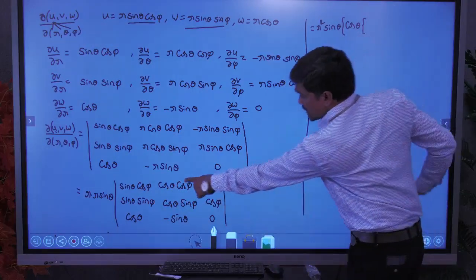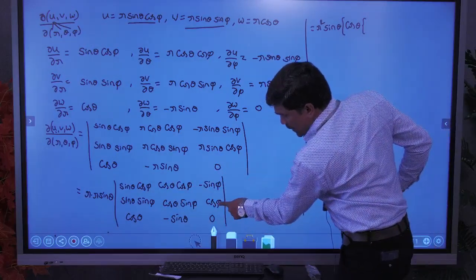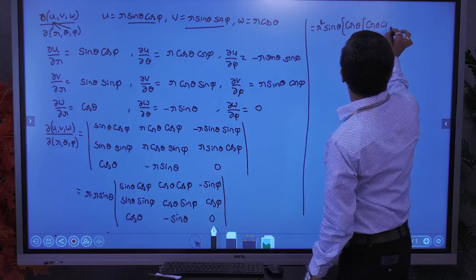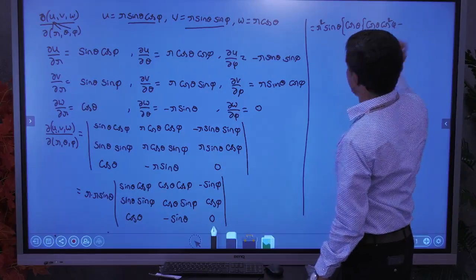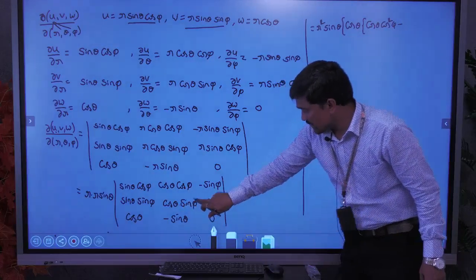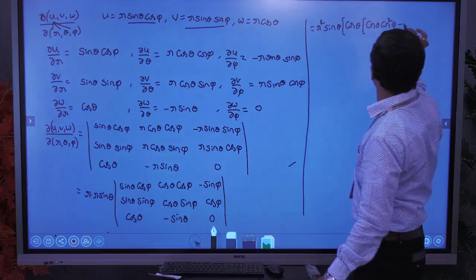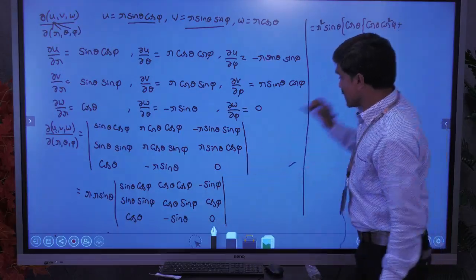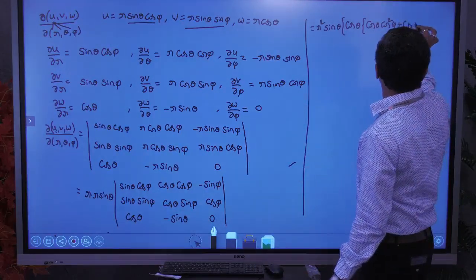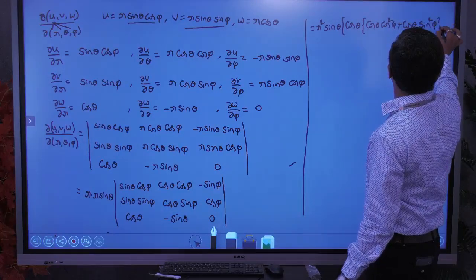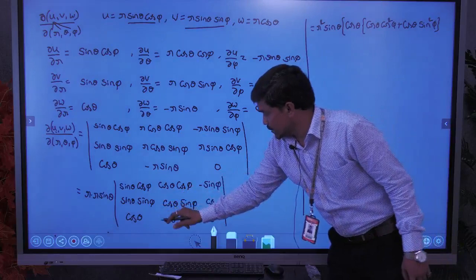So cos theta into cos theta cos phi into cos phi, so we get cos theta cos square phi minus cos theta sin phi into minus sin phi. Minus of minus is plus, so here we get cos theta sin square phi. Cos theta into this term.